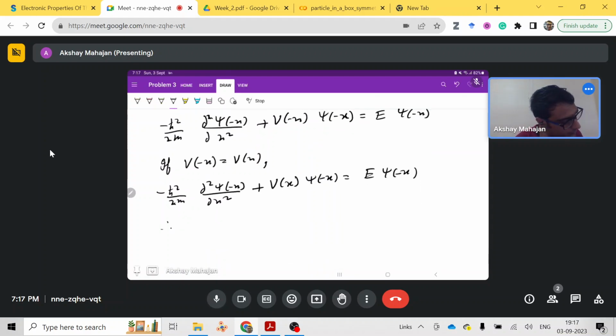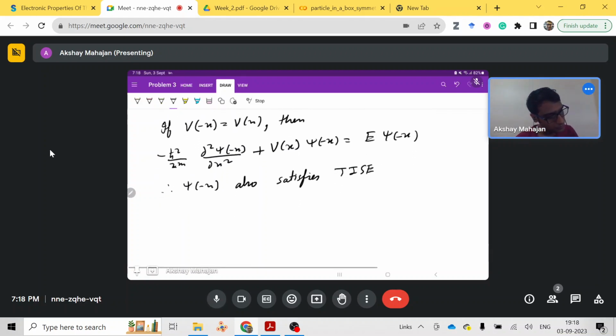So therefore psi of minus x also satisfies the TISE.